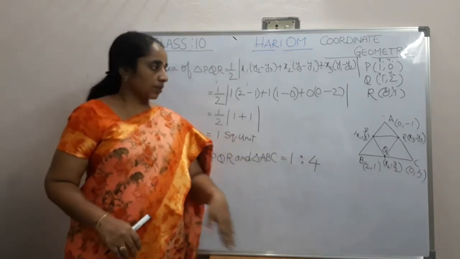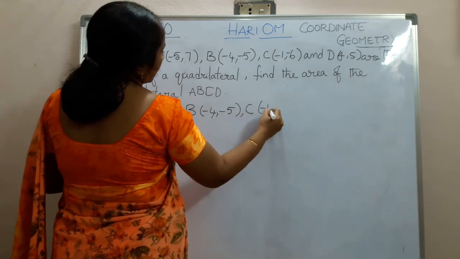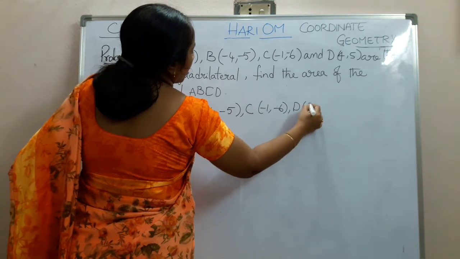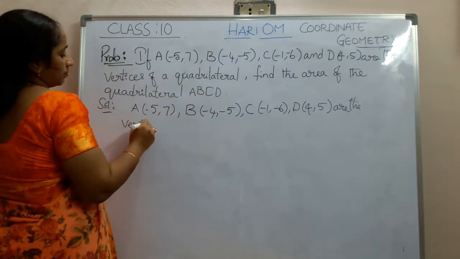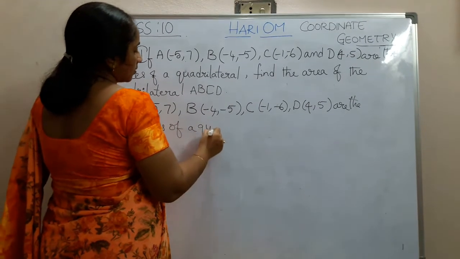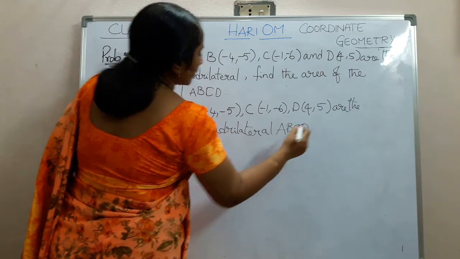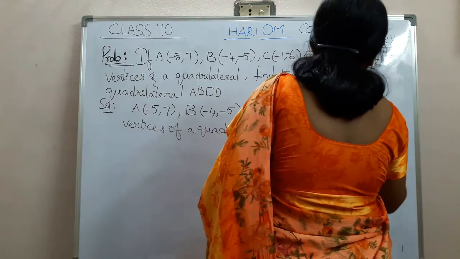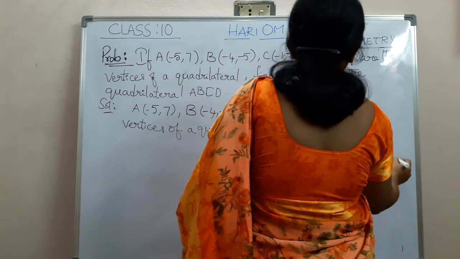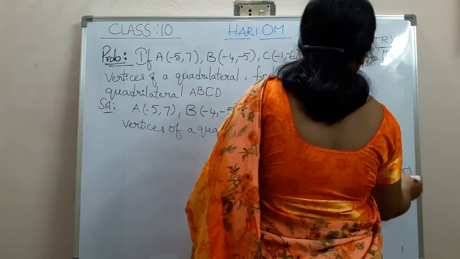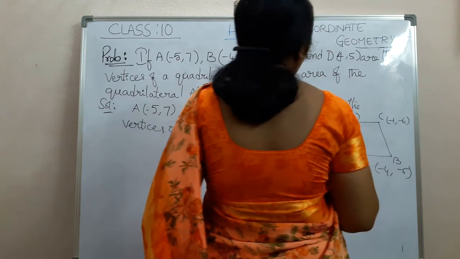In whatever way they ask, in that way we should show this ratio. Okay, A minus 5 comma 7, B minus 4 comma minus 5, C minus 1 comma minus 6, D 4 comma 5 are the vertices of a quadrilateral ABCD. Here in this quadrilateral ABCD, these are the 4 vertices.